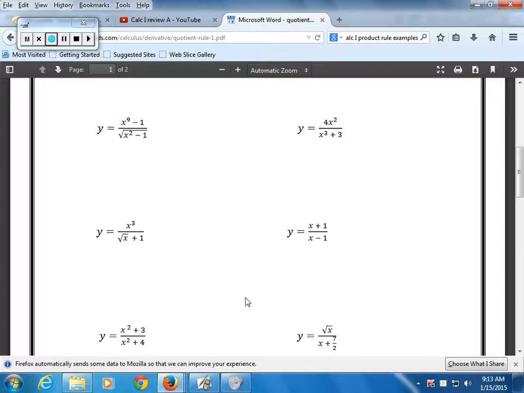You don't have to use the chain rule on this one too much, but I just figured I'd throw it in there because of the radical.